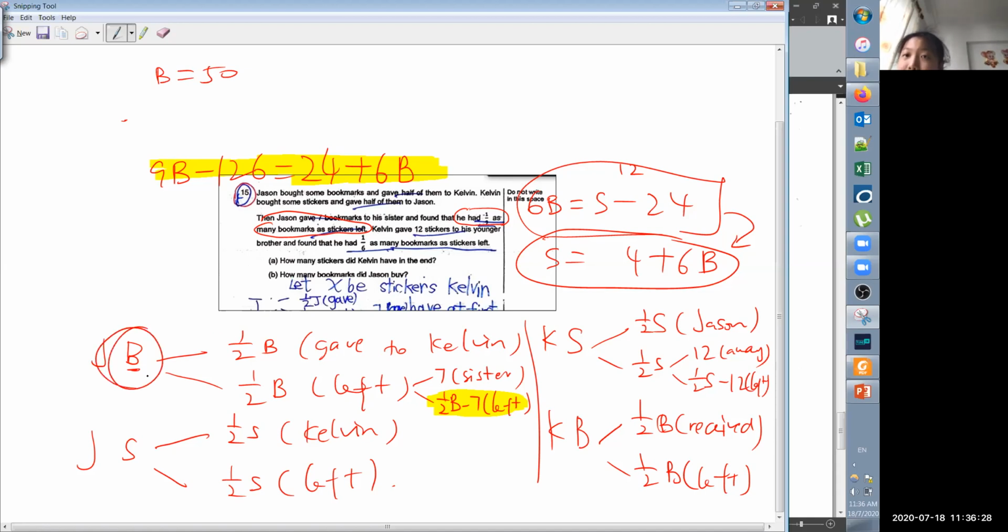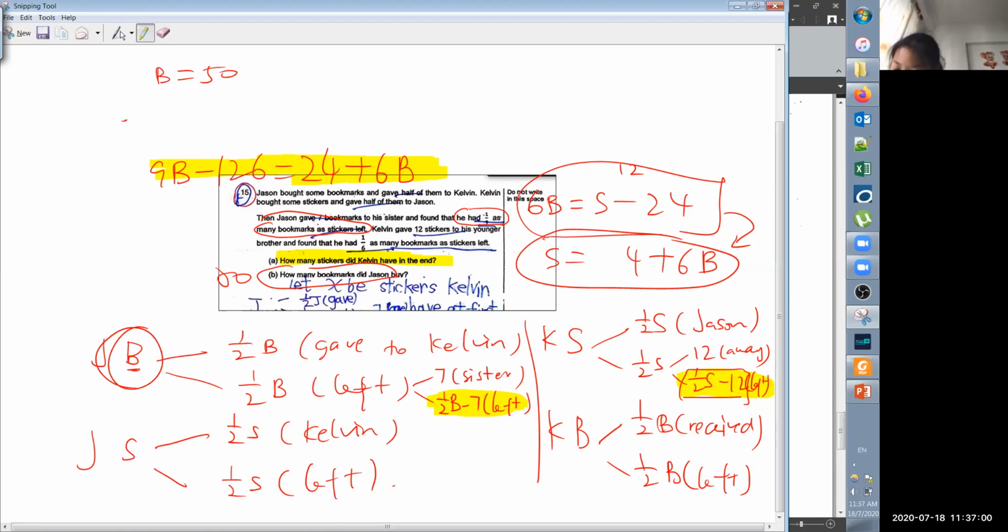All right. So once you have this, and then how many bookmarks did Jason have? So I have answered B already, 50. So how many stickers did Kelvin have in the end? Kelvin stickers, that means here, right? Kelvin sticker at the end is here, right? First question, right? So Kelvin sticker left is half S minus 12.